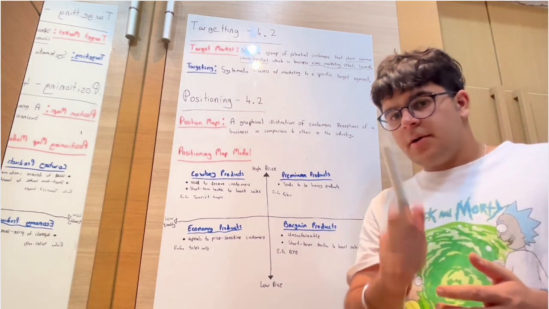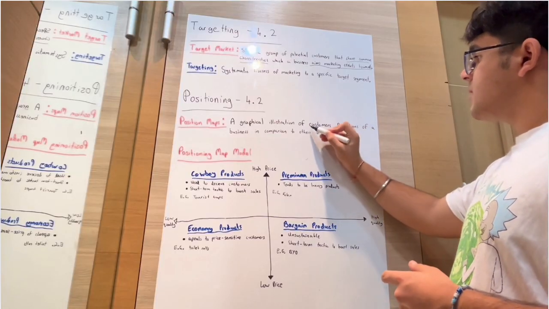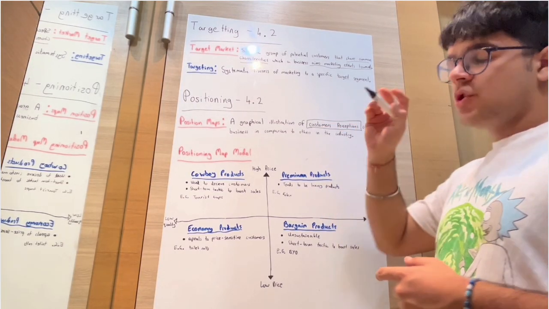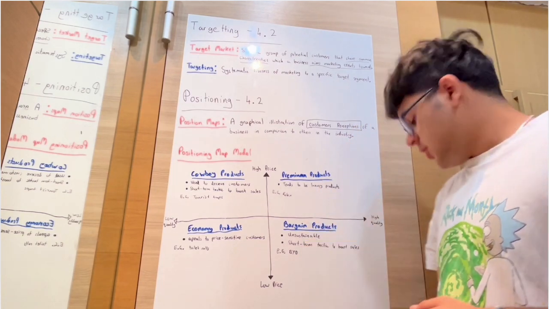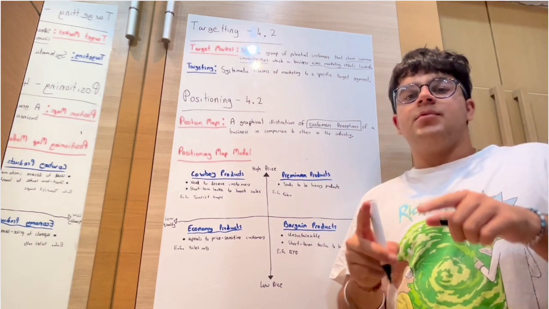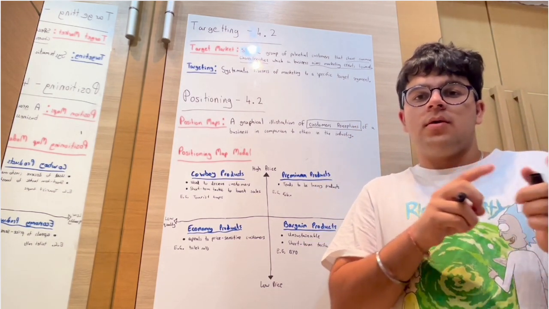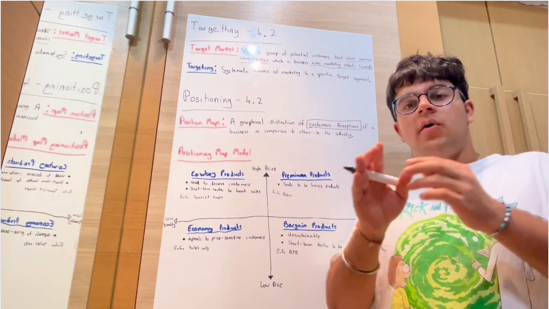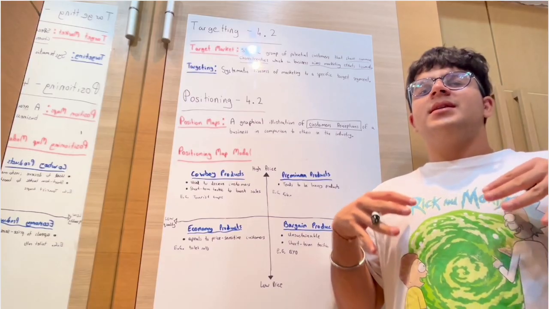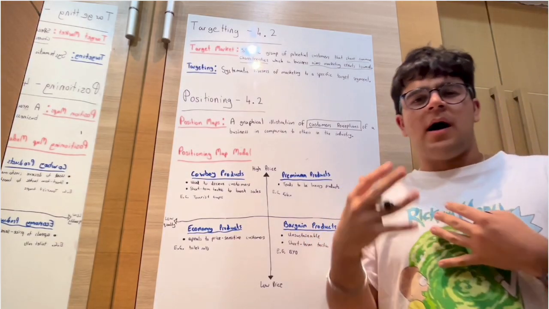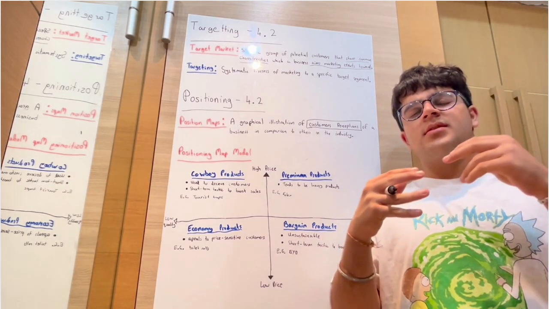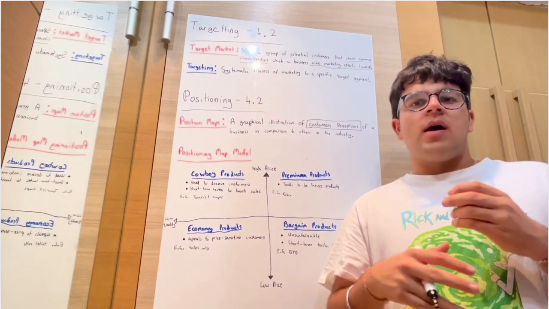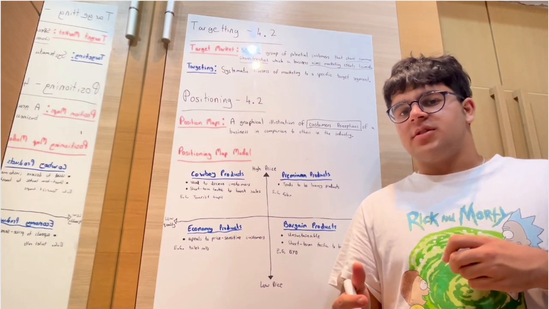Now, keyword here is customers' perceptions. It is not the reality of the situation, it is the perceptions of customers and businesses. There's a perception customers hold of each business. Basically, a position map, if you're thinking why we use it, it allows businesses to find what we call gaps in the market to try and reform marketing strategies.